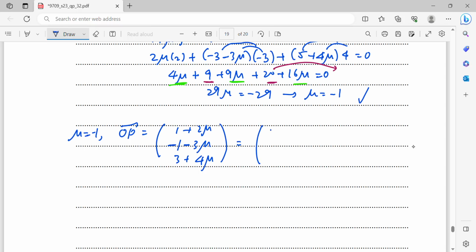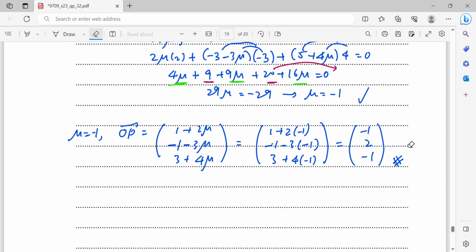So this will be 1 plus 2 times minus 1, and then minus 1 minus 3 times minus 1, then 3 plus 4 times minus 1. So I will get 1 plus negative 2 is negative 1. Minus 1 minus 3 times minus 1 means minus 1 plus 3, you will get 2. And then 3 plus minus 4 is minus 1. So this is my foot of perpendicular.